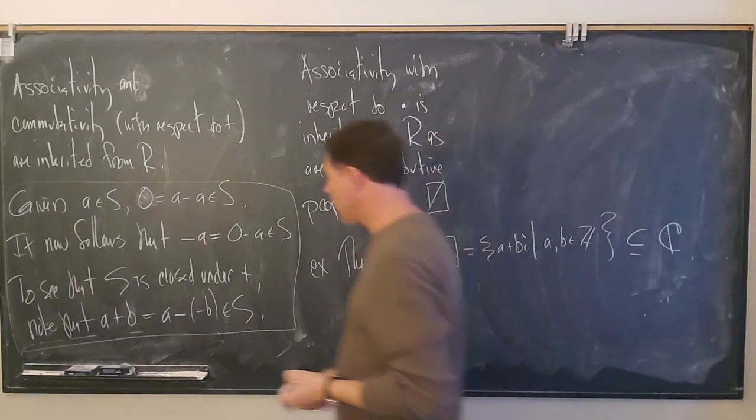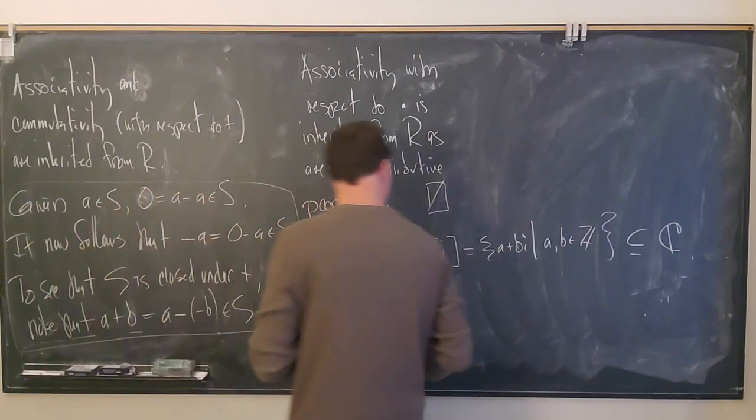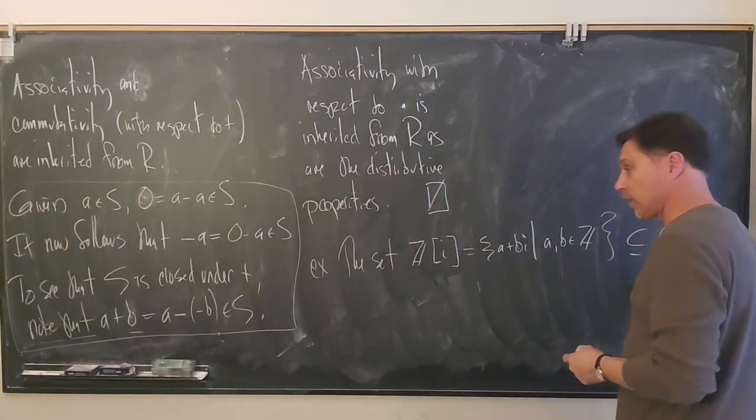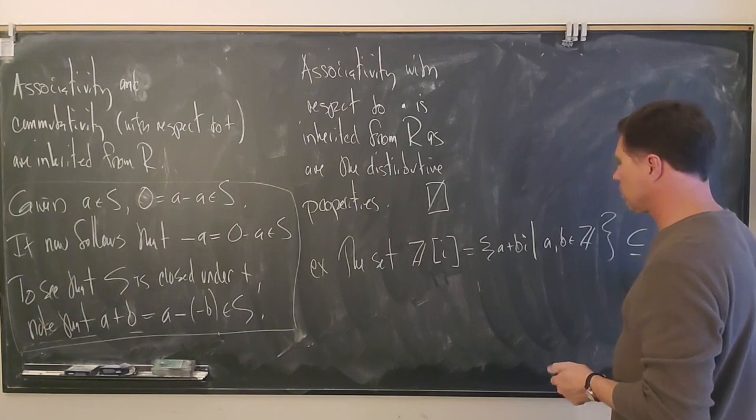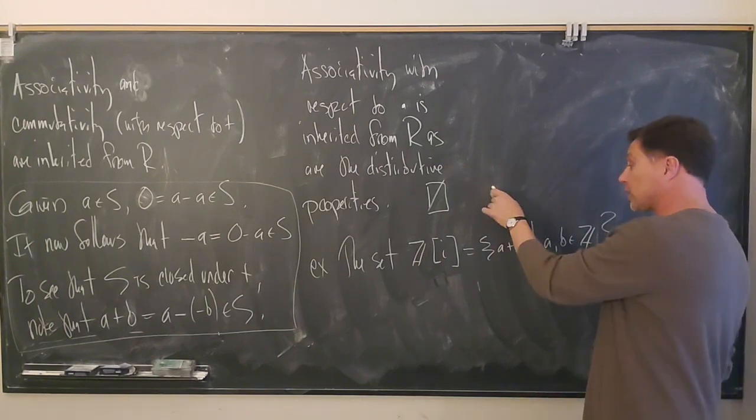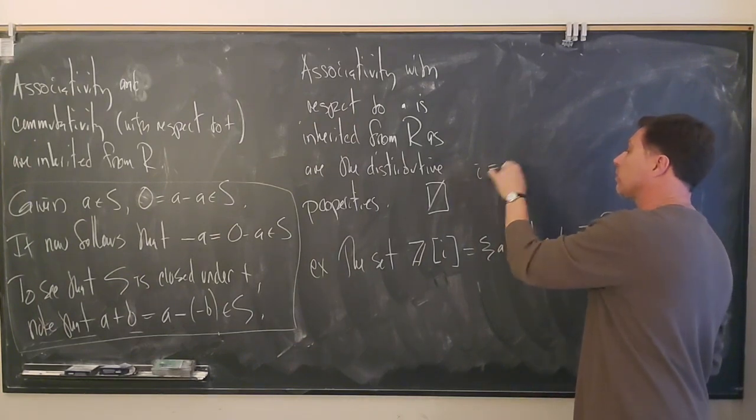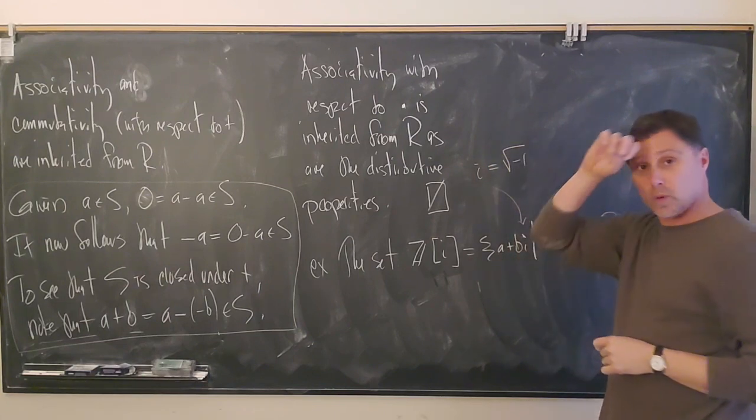And what I want to do is show that Z bracket I is a subring of the complex numbers, where here, of course, I means the square root of -1.